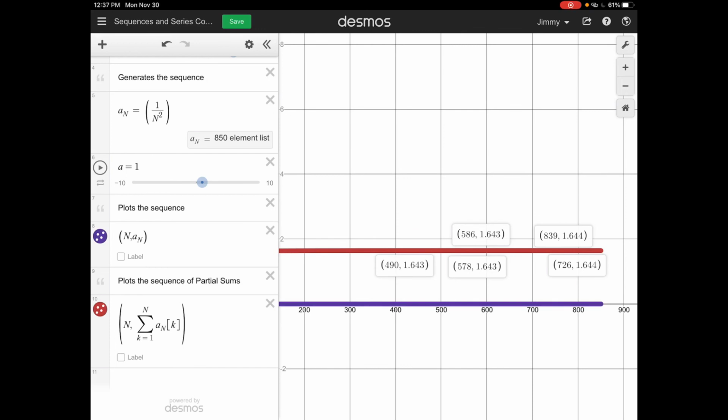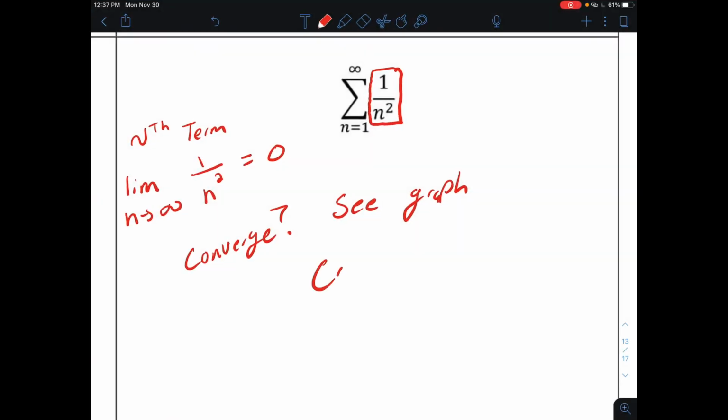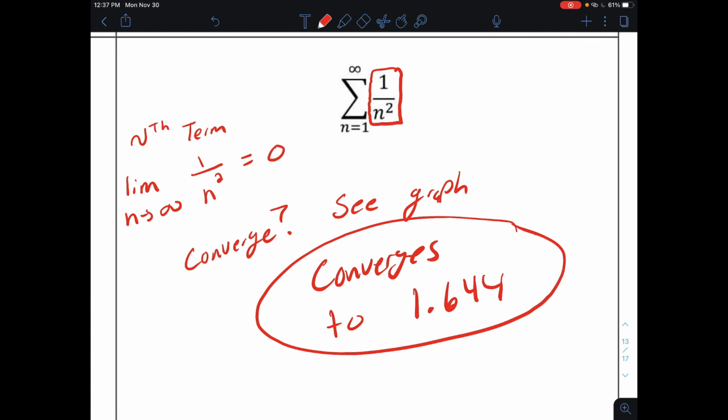So it converges, and the sum converges to a value of 1.644. So the nth term test is a divergence test, and if the nth term test fails, I mean, it doesn't tell me whether or not I diverge, then I'm going to graph my sequence of partial sums and determine if it converges that way.